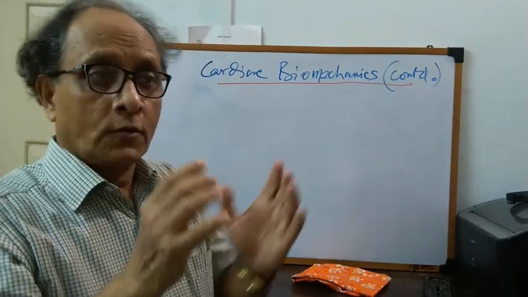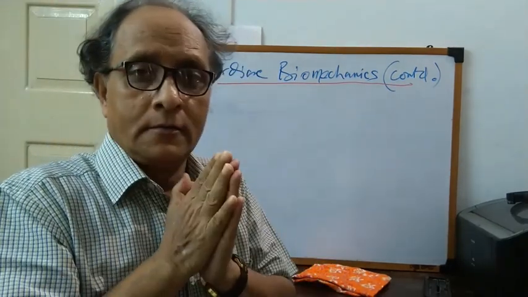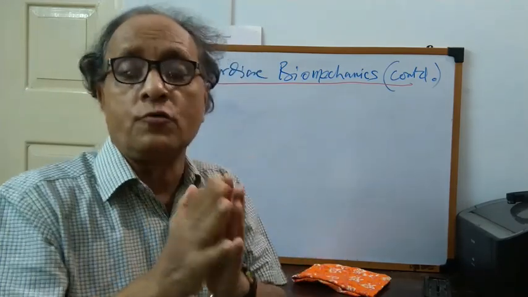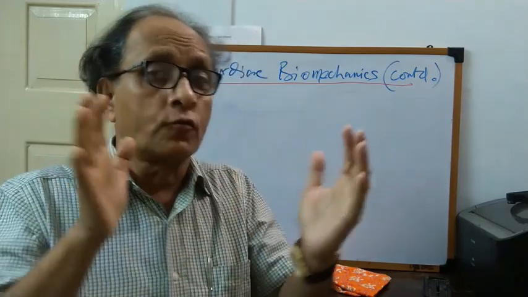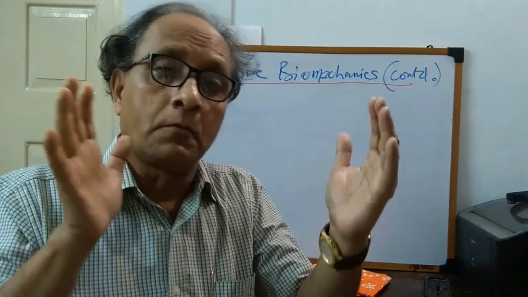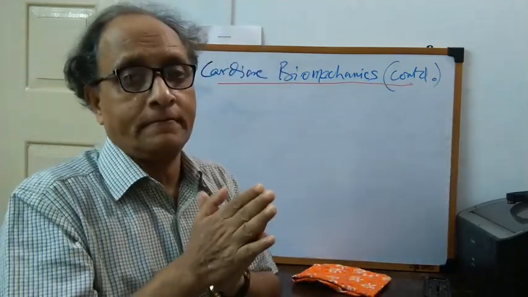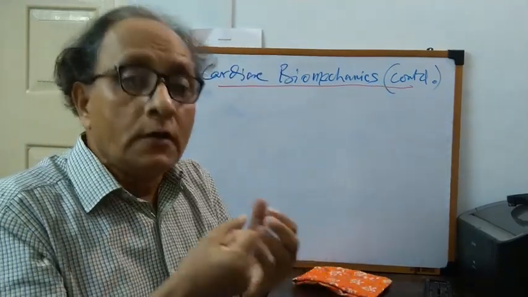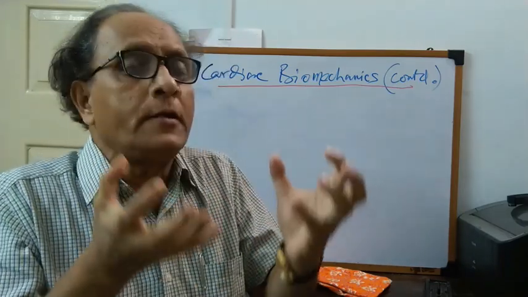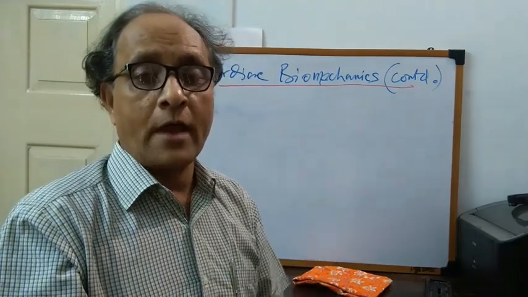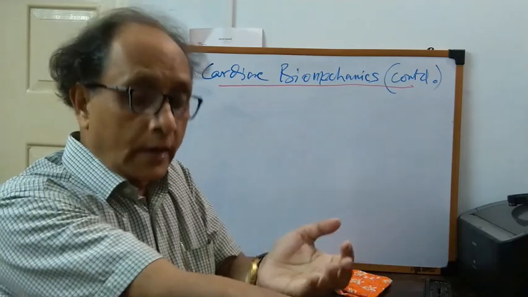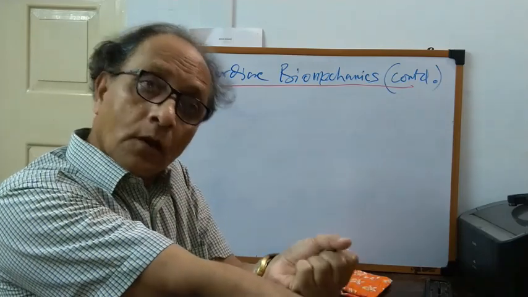I repeat, when the muscle is contracting, due to contraction of the contractile component, formation of cross bridge, sliding filament, shortening of sarcomere, all these things lead to generation of force, and that force will progressively build up, and when the force is adequate to pull the load, then and only then will the load be pulled.